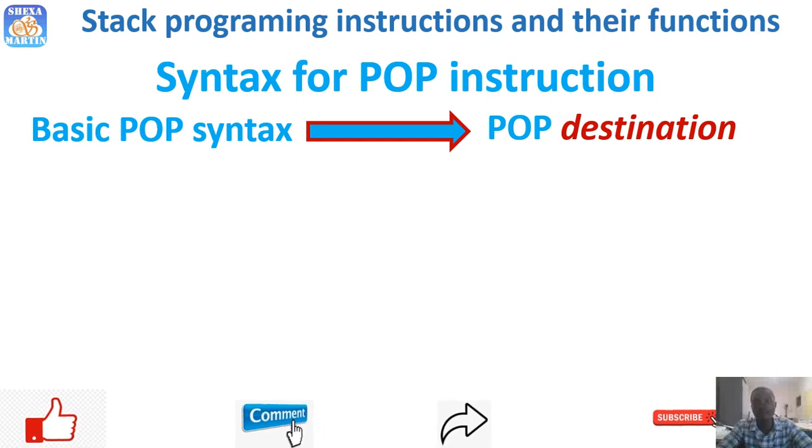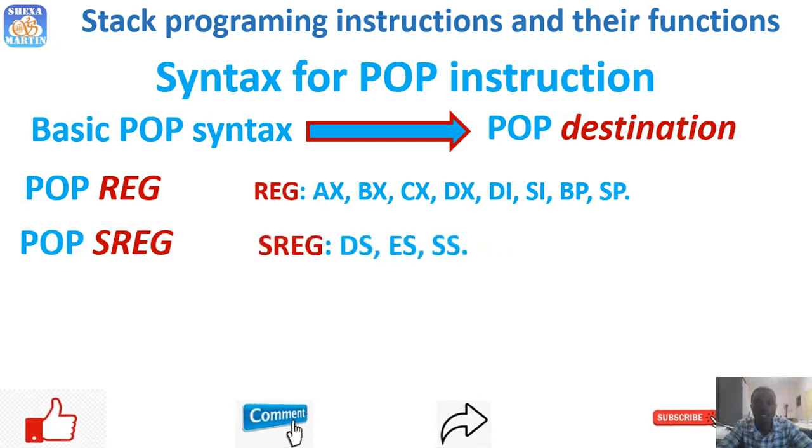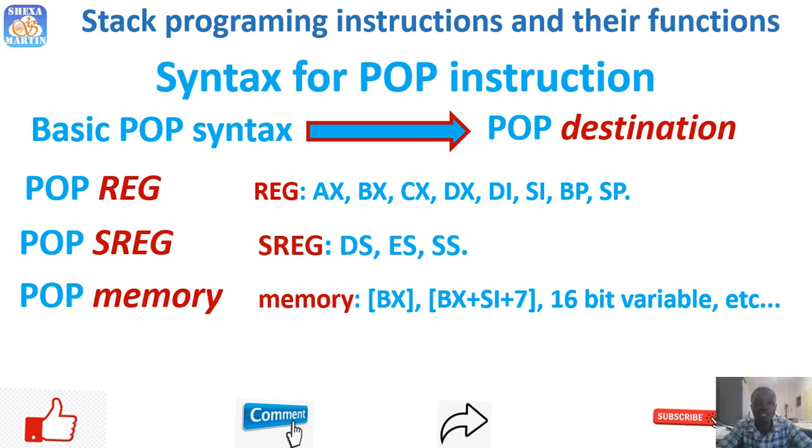A destination can be a general purpose register, and these are the registers that you can pop values from the stack to. You can also pop to a segment register, and these are the segment registers that you can pop values to. And then you can pop from the stack to memory, and these are examples of memory addresses that you can use as a destination to store the values that are being popped from the stack.